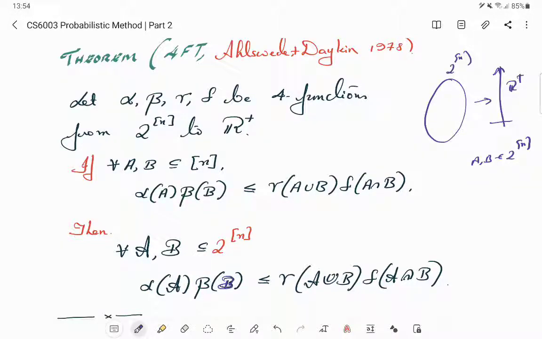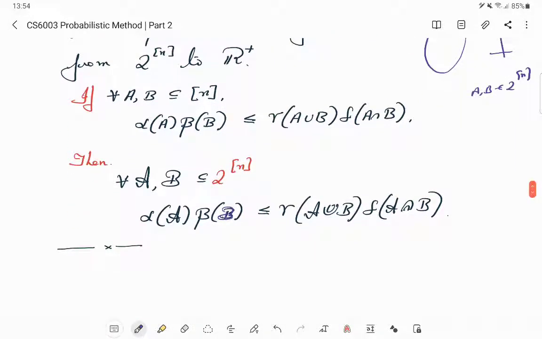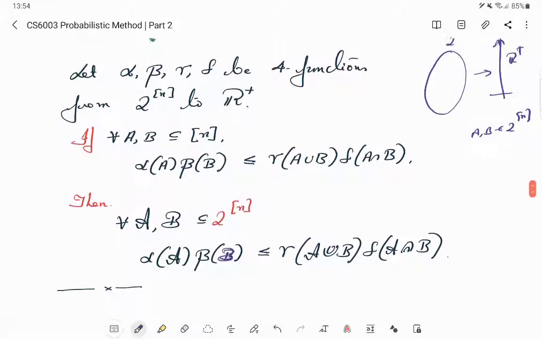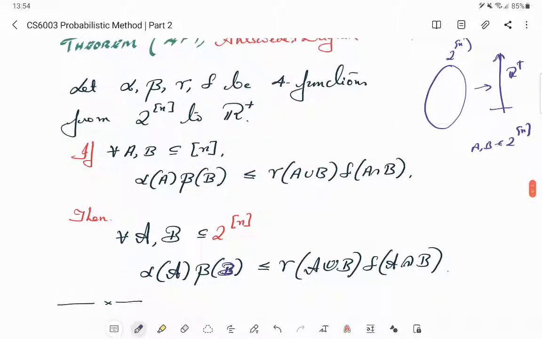So alpha of script A times beta of script B is upper bounded by gamma of the pairwise union of the families and delta of the pairwise intersection. This is the theorem. Remember, the alpha here is one function and the alpha in the conclusion is the overloaded version of the function. The same applies for beta, gamma and delta.